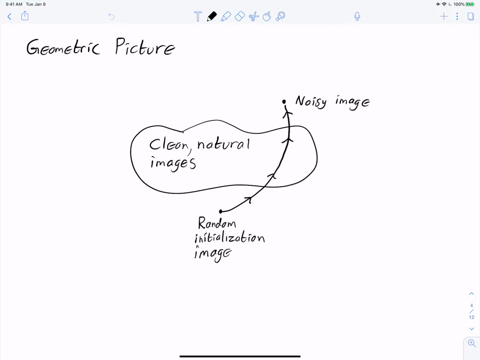As we optimize the weights of this neural network toward the image given, it seems that it first goes into this region of clean natural images, and then eventually starts overfitting to the noise, and then leaves that region to fit the noisy image itself. And this is the basis of saying if we did early stopping, then you could get the clean natural image that's quite close to the noisy image that you want.